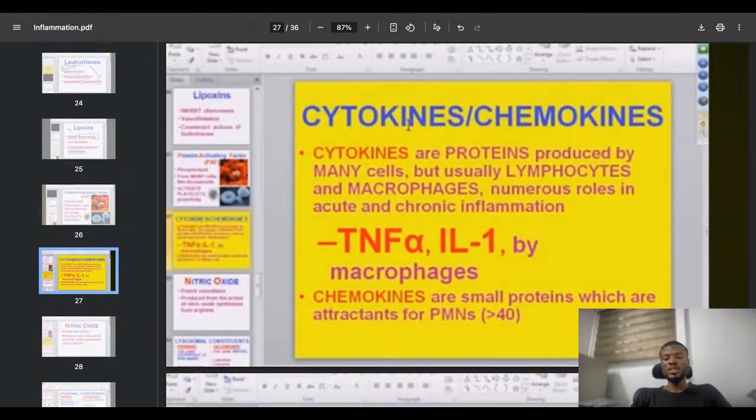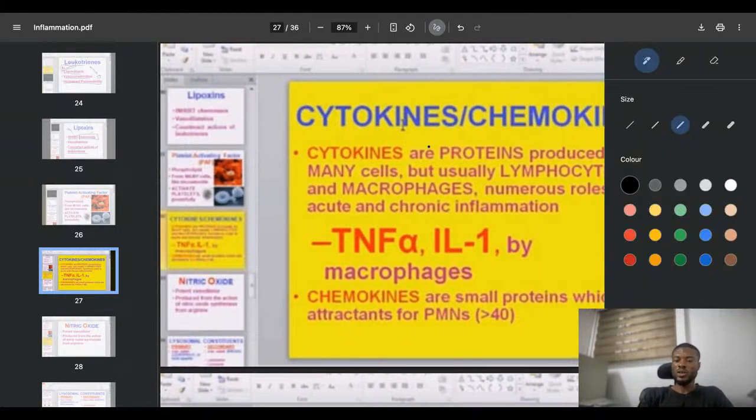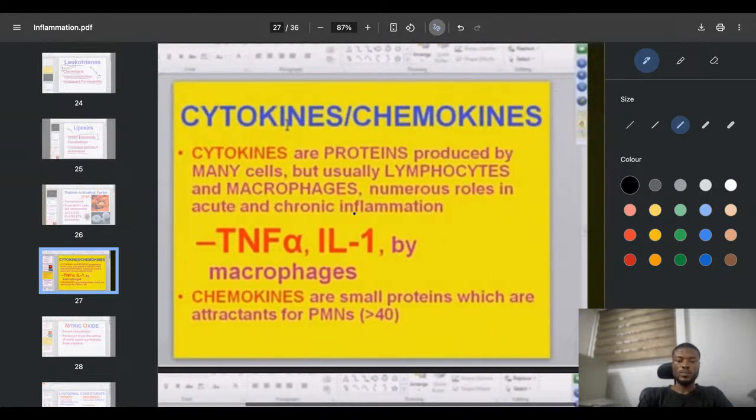So major examples are the tumor necrosis factors, then interleukin 1. I think we have heard a lot about these two chemicals, tumor necrosis factor and interleukin 1. These two are produced by what?